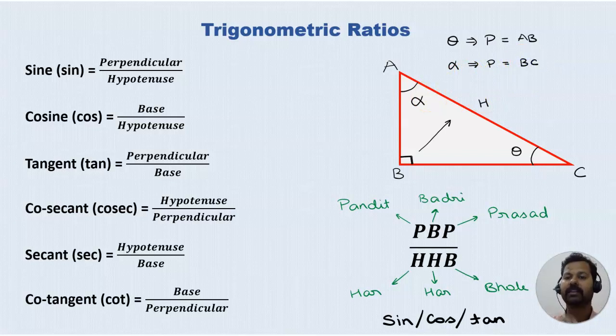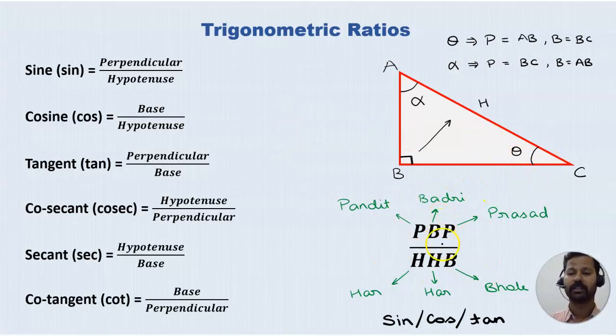Always remember that the side opposite to the angle we take as the perpendicular side, and the side which is along with the angle will be your base. So here P is AB, so base will become BC. For alpha, your perpendicular is BC, so base will become AB. I hope you understood how to decide which side is perpendicular and which side is base.